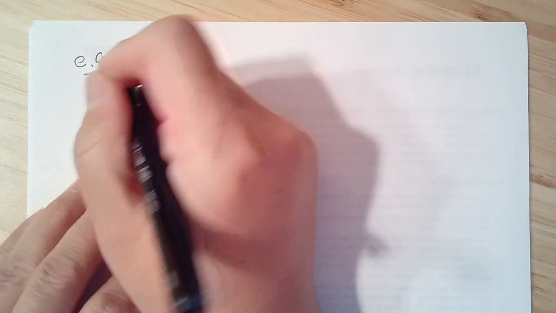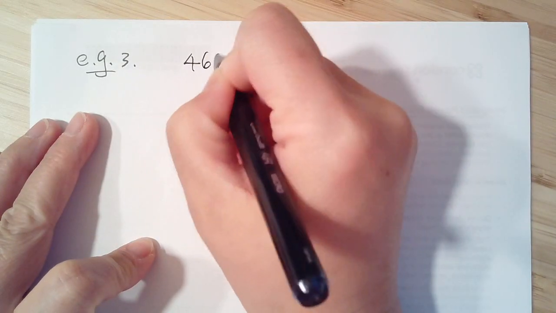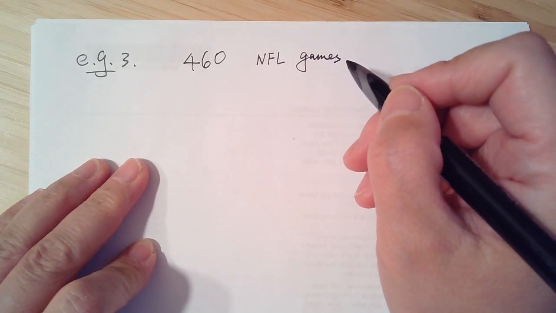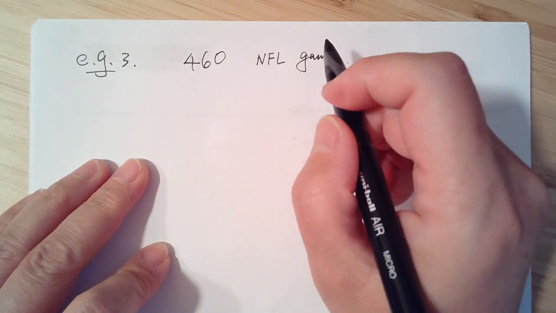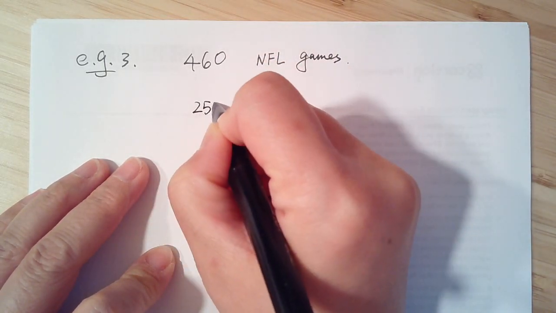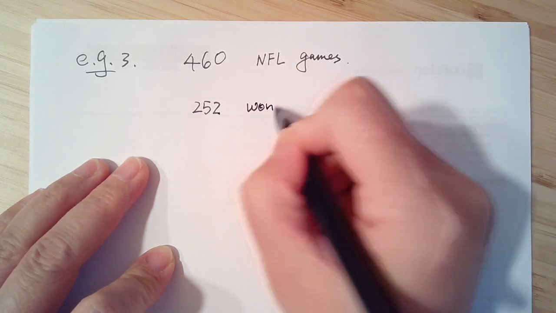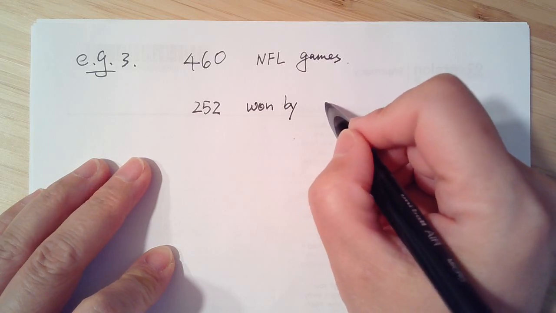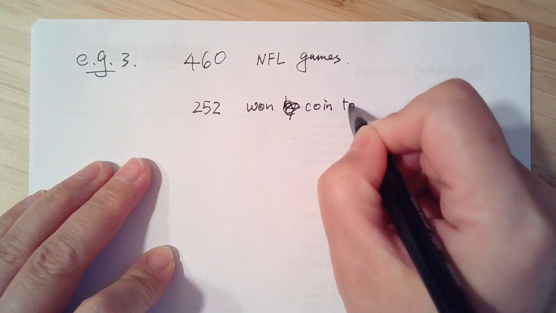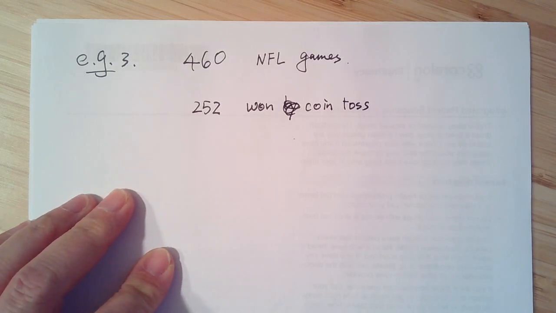For all these 460 NFL games between 1974 and 2011, there were so many games decided in overtime. 252 of them were won by the team that won the overtime coin toss. What do you think?